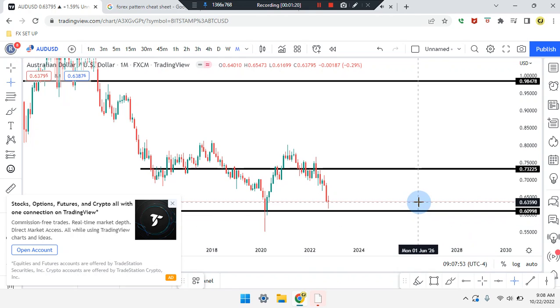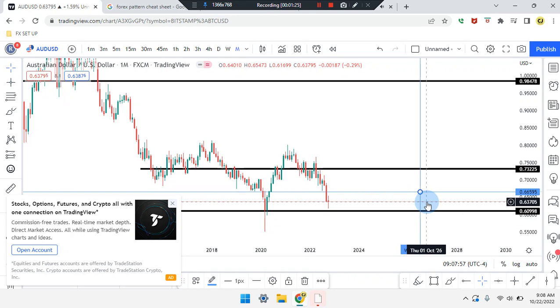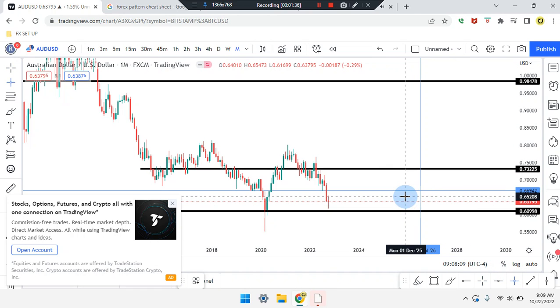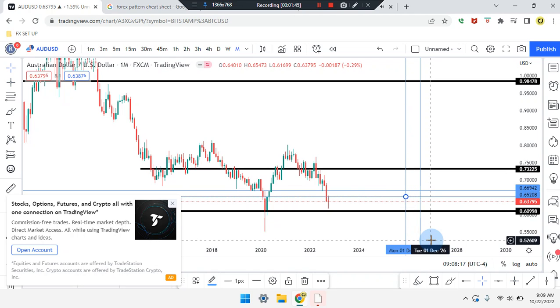If price works its way up, the overall area it can make it up to is that midpoint, which would be at 0.66942. But before making it there, it can head up to the price action wick, which would be at 0.65208.